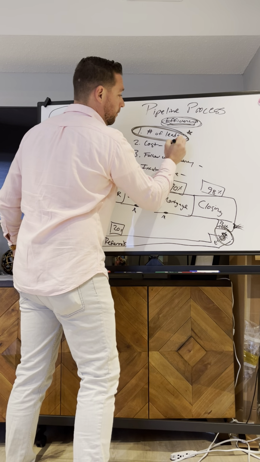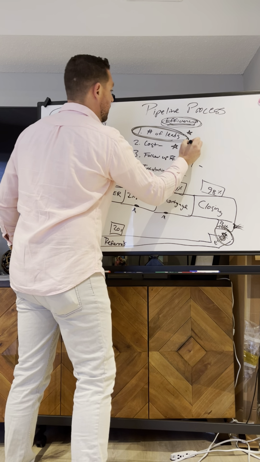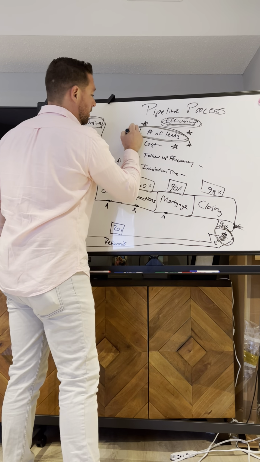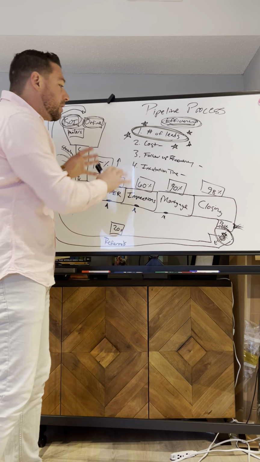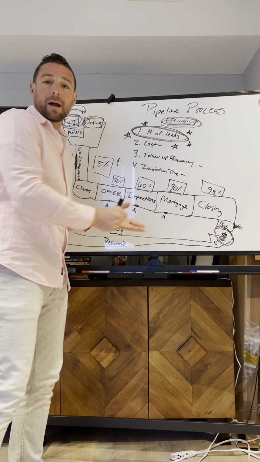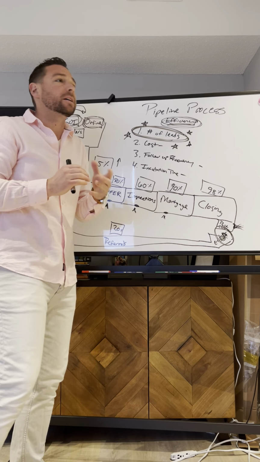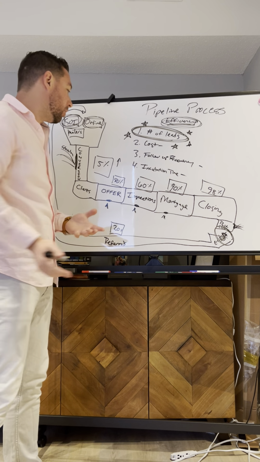This is it, the number of leads. If I could give one piece of advice to any real estate agent who is starting out in this business, it is by getting in front of more people than ever before. If I can't control this right now, I don't even have a lot of people to work through my pipeline. I can barely measure because I've only done 2, 3, 5 closings total.